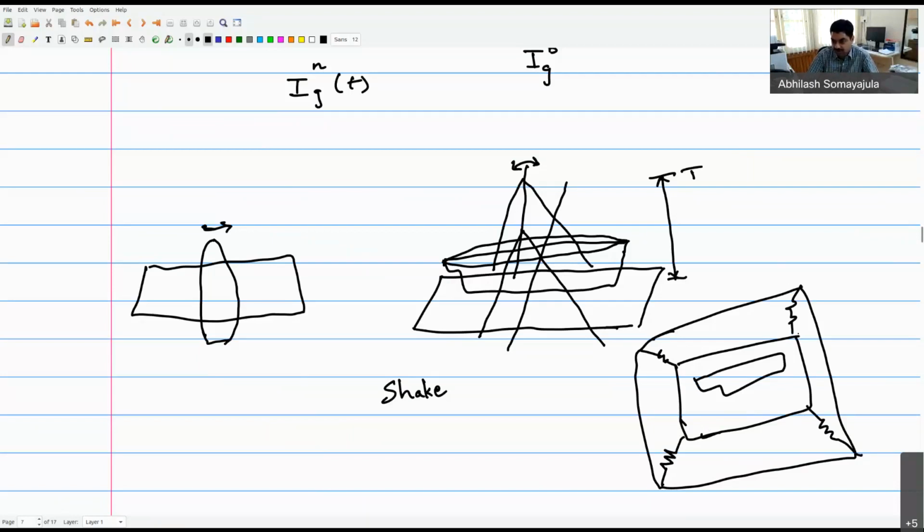So I give translations in these directions, translations perpendicular to the plane, and I also do rotations. I twist it about this direction, and this direction, and this direction. So I get all 6 moments of inertia at once.